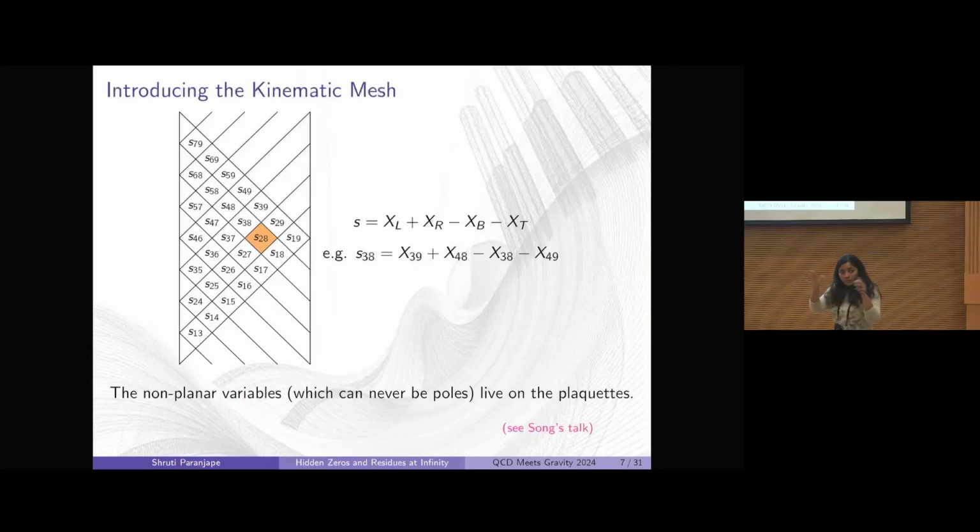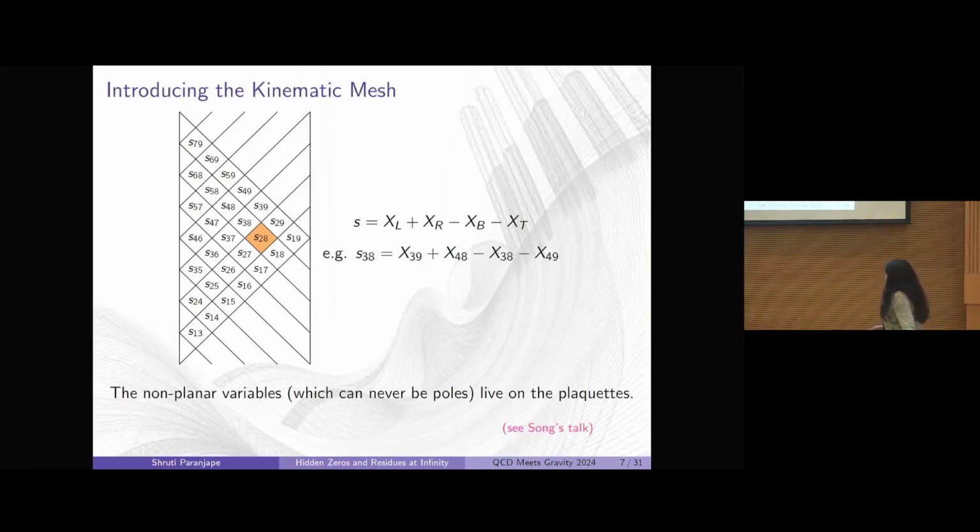So the distinction I want to make is where I will encounter a pole and where I won't encounter a pole. So the plaquettes contain kinematic invariance, so S Mandelstam invariance, where I won't have a pole, and the vertices have Mandelstam invariance where I will have a pole in a planar amplitude.